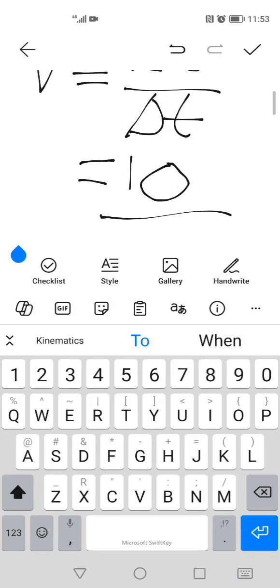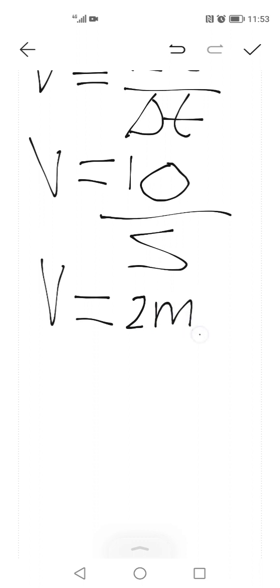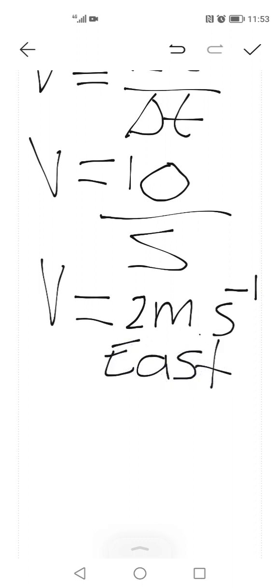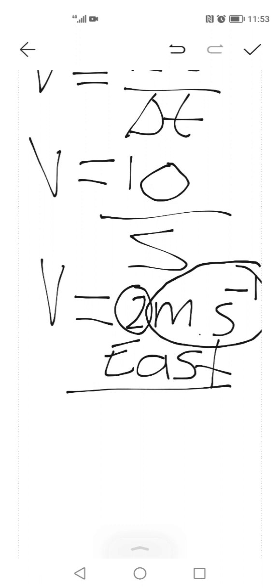Then our velocity is going to be 2 meters per second east. You see, velocity is considered a vector quantity because it consists of the magnitude, which is 2, and the direction, which is east.